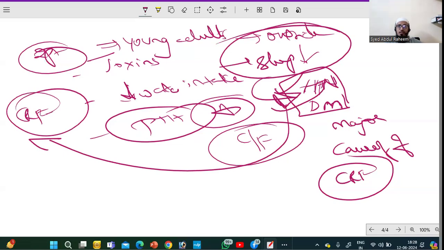Okay, so this is a cycle chain. If one organ is affected, then definitely another organ which is not strong, whose immunity and function are not strong, and which is structurally very weak, will definitely be attacked. Okay, so this is very important.